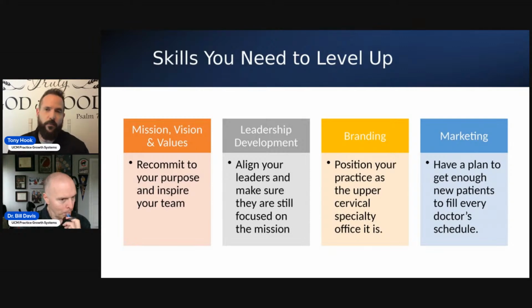Well, what I see when I'm speaking with doctors who are in this stage is the relentless reinforcing of mission and values, right? Just making sure everybody is pulling in the same direction, and maybe needing to move people to a new seat, tweaking their role, that type of thing.